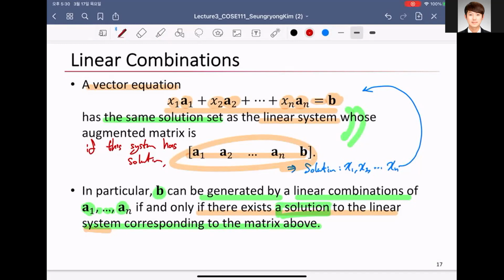So if this system has a solution, B can be generated by linear combination of the A1, A2, and AN. In other words, if B can be generated by linear combination of A1, A2, and AN, then this system has a solution. So these two representations are exactly the same, but in different form.